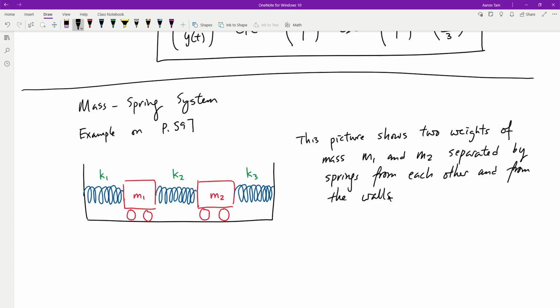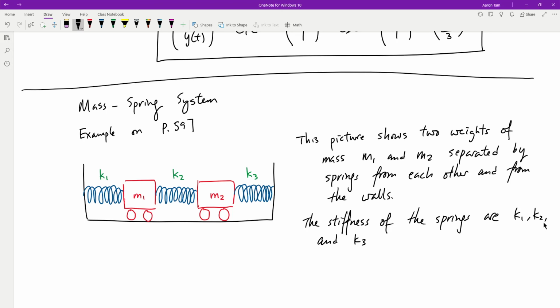And each of the springs has a stiffness given by the constant K1, K2, and K3, which basically just gives a proportional force by the spring.